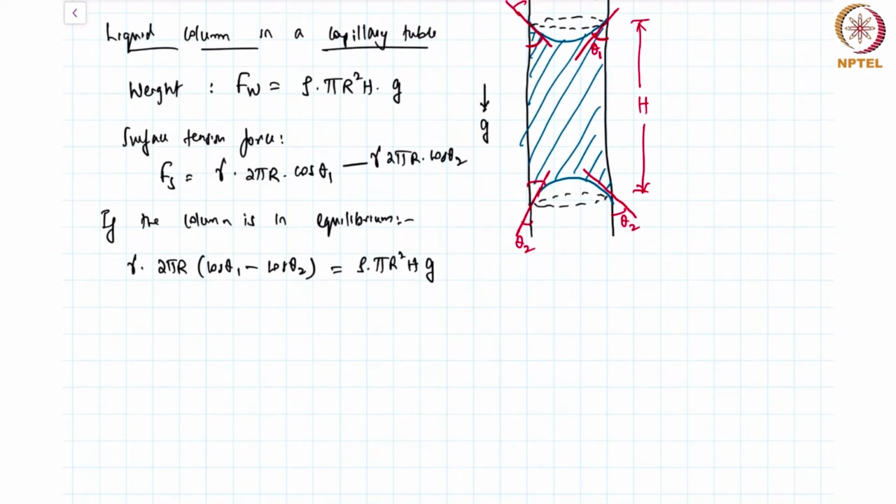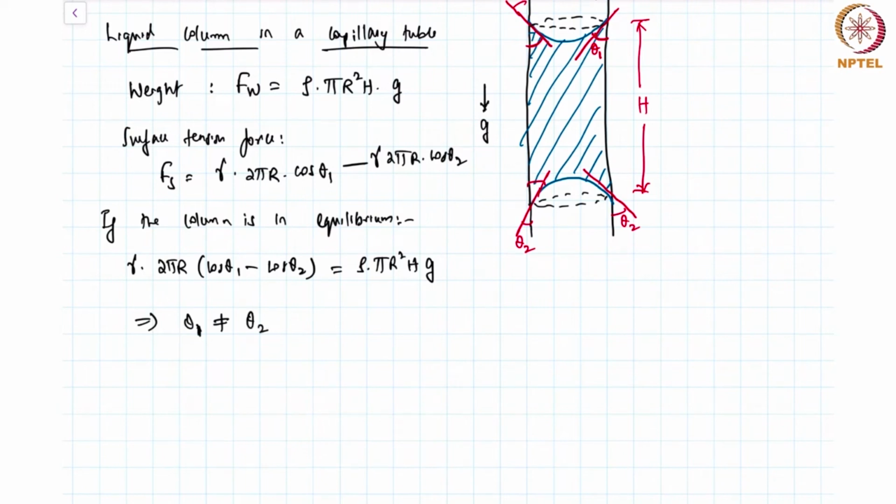From this I can conclude that if I have the plug stationary, then theta 1 cannot be equal to theta 2. That's the first thing.